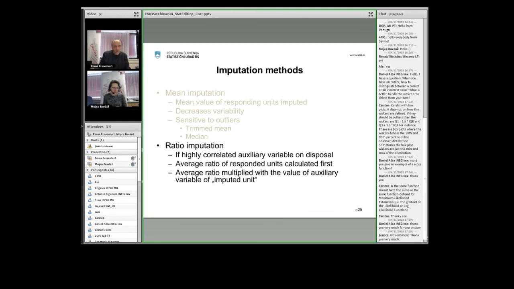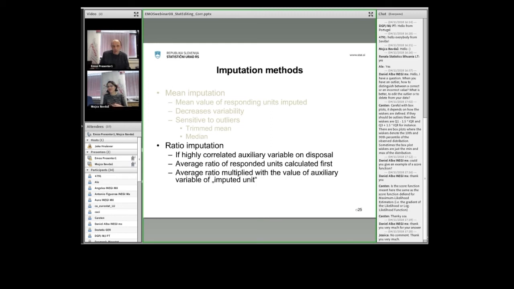The second one, which is also quite frequently used, but perhaps more frequently in business surveys, is the ratio imputation. This is in the case if we have a highly correlated auxiliary variable at our disposal. Because I said I will not write you a formula, I will just try to explain how this ratio imputation works. When making the imputation, you first calculate the average ratio of responding units. Let's say an example: you have turnover that you are collecting, and the number of employees that you already have before the survey for all the units.